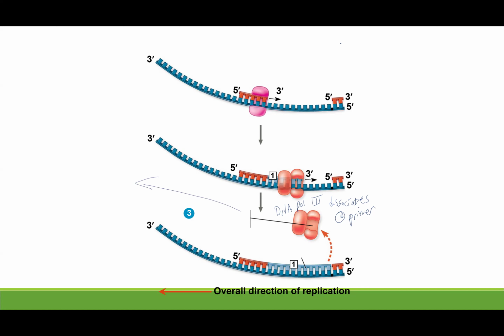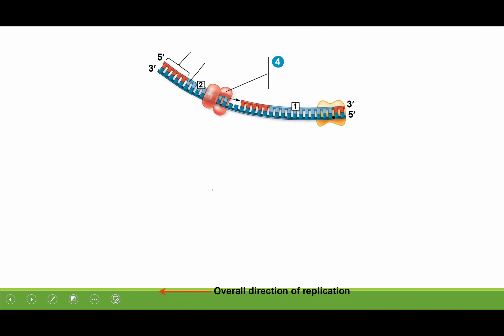Remember again, the leading strand is up here and replication is moving in this direction. So this DNA polymerase is going to disconnect when it gets here and it's going to go back here to the second primer. This is the RNA primer for fragment 2. So DNA polymerase is going to make Okazaki fragment 2.